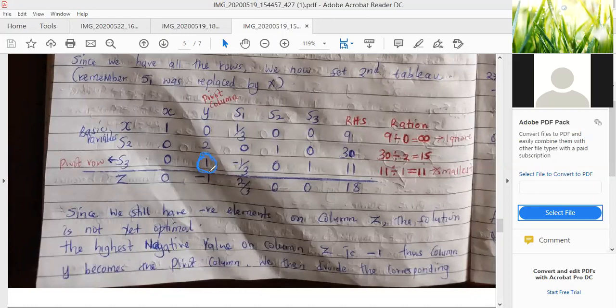Now, this is a very unique case. The reason is, if I were to divide my S3 row by this 1, all these elements, for sure, will not change. I repeat, if we were to divide S3 by 1, which is our pivot element at the point of intersection between the pivot column and the pivot row, since this is just 1, then those elements are going to remain constant.